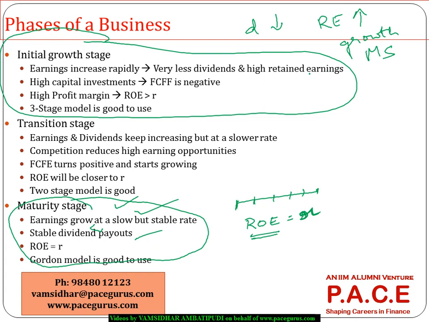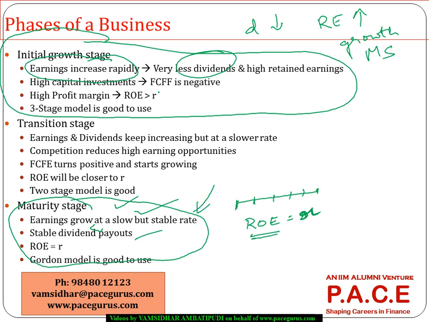There is very little competition, so the earnings grow very rapidly, but the dividends are not growing in proportion to the earnings. So in that case, it's not advisable to directly go with a Gordon growth model there.